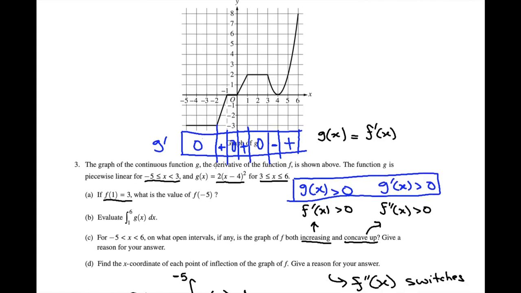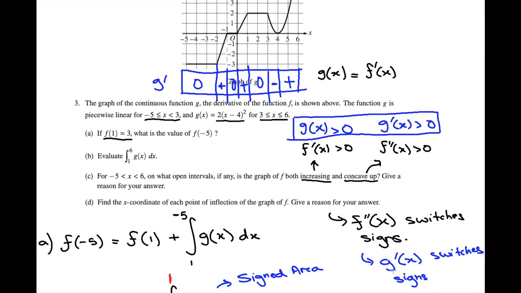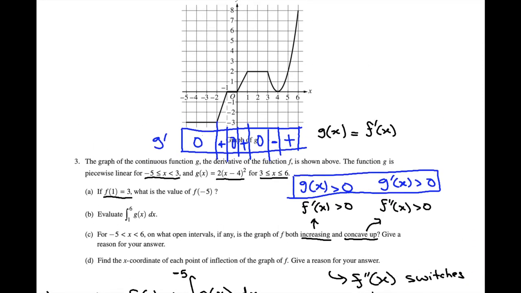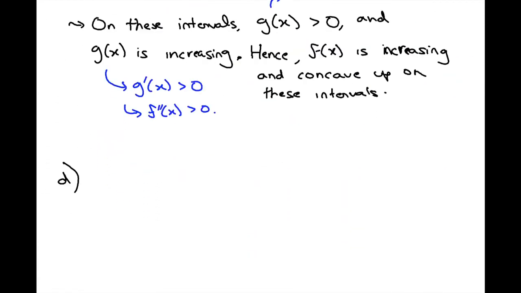Out of these, which satisfies our criteria for being where g prime of x switches signs? Well, that's going to be down here, because switching from 0 to something doesn't really count. We want to find where it switches from positive to negative or negative to positive, and that's the only place where that happens. So our answer is going to be x equals 4. Let's come down here and tell them that.